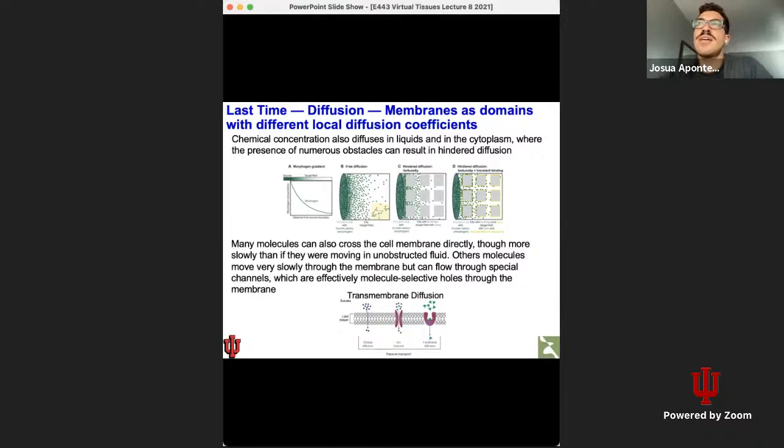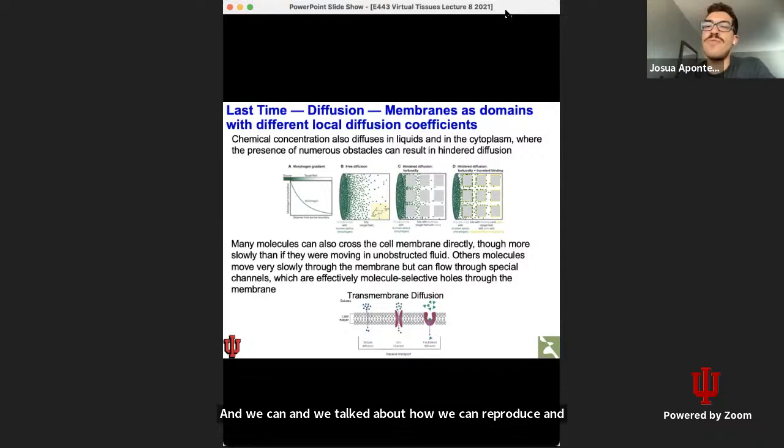That includes cell membranes, but it also includes areas inside a cell or throughout the tissue that might be more densely packed than other areas. We talked about how we can represent those differences in the local properties of molecular diffusion by assigning different local diffusion coefficients inside of our simulation.